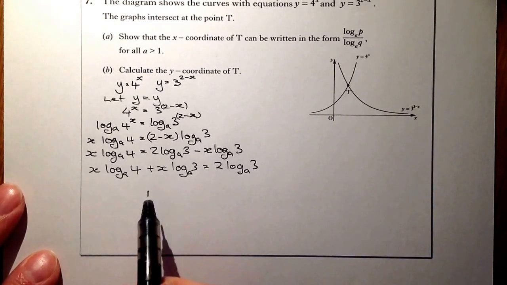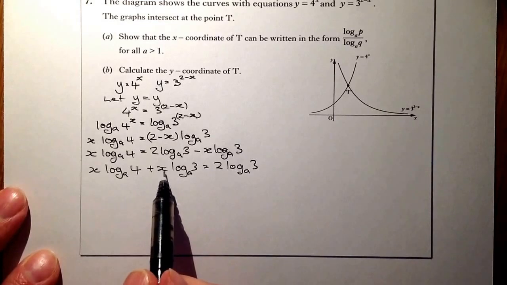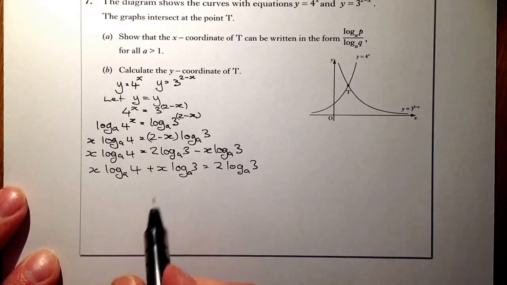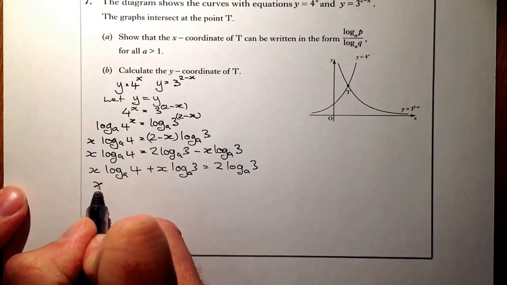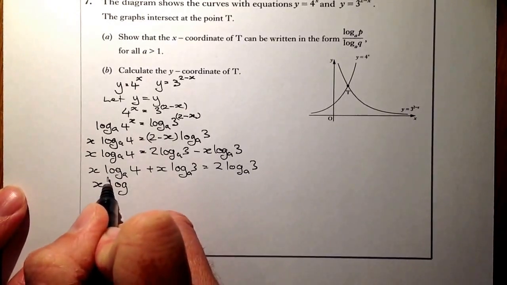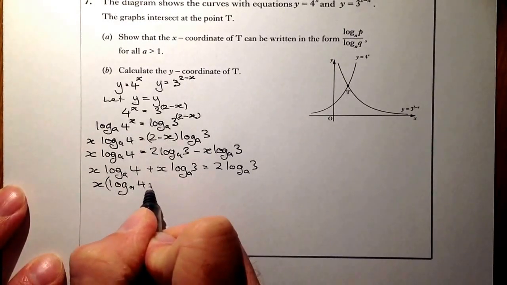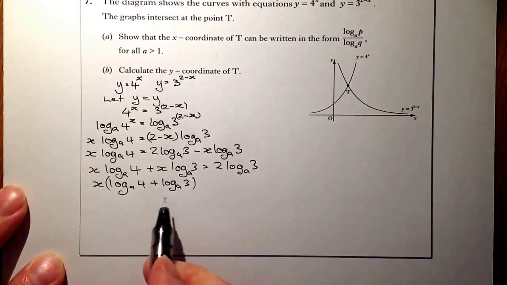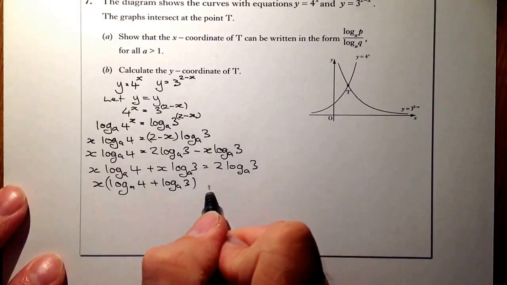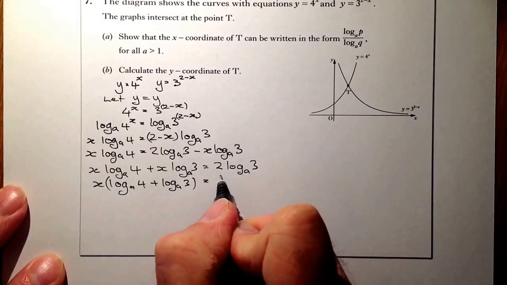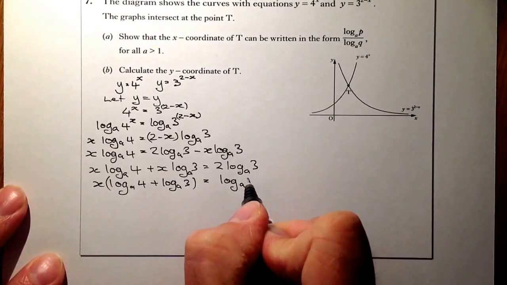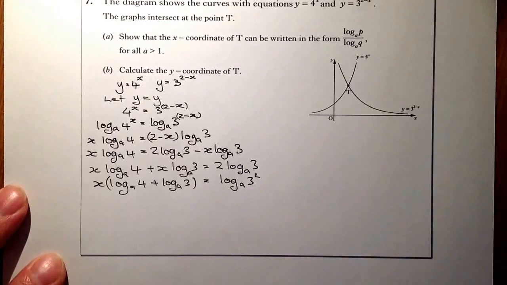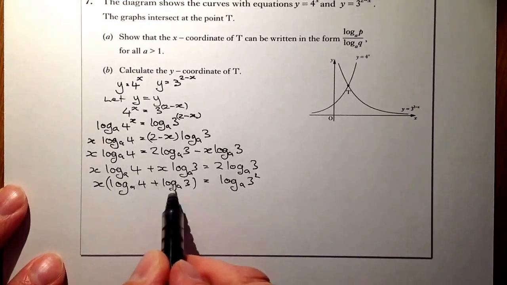Next line, I'm going to take out a common factor first of all. And that's getting into a form where I can use one of the other laws of logs. I'll put that up to the power, so that'll be 3 to the power of 2 appearing up there, just reversing that law. From here, I'll gather these together under the law of logs.